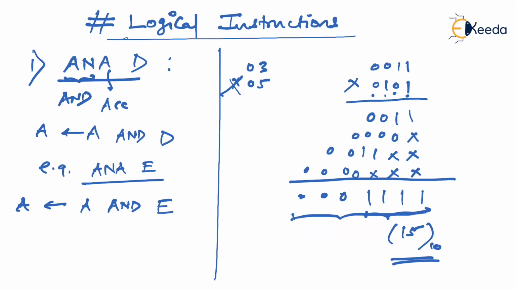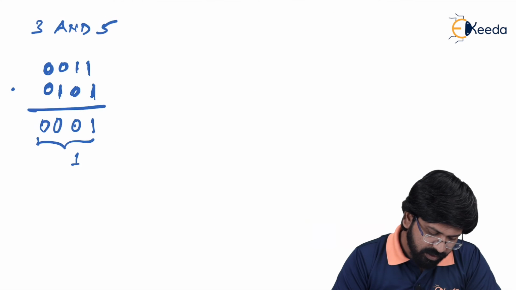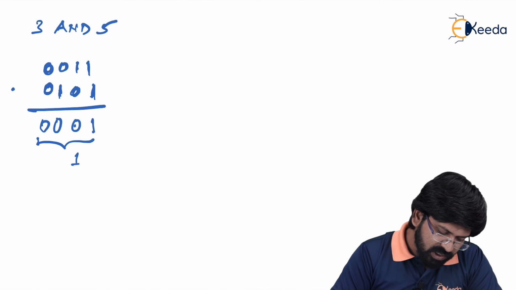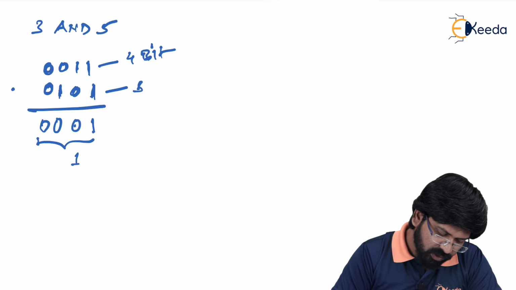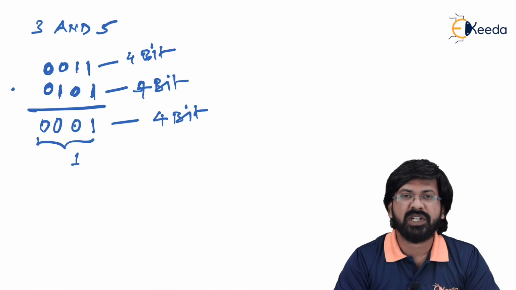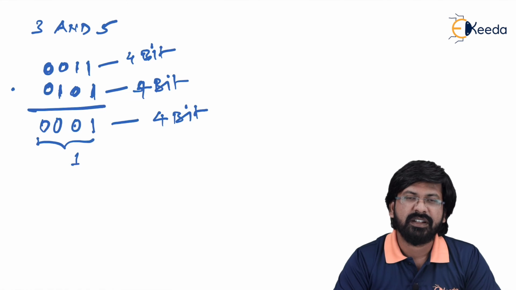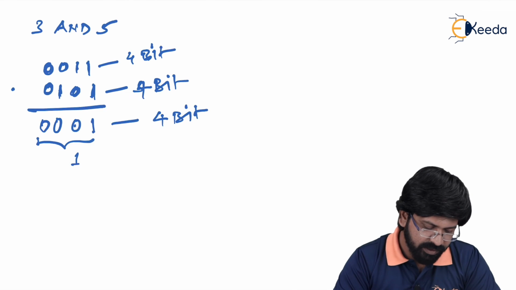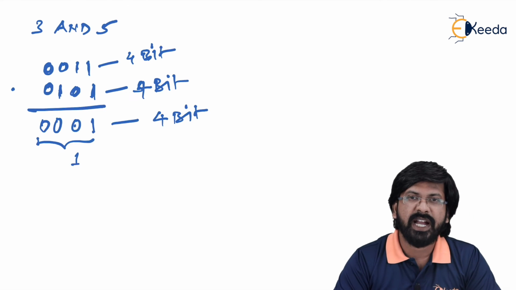Extended in terms of size, I am saying. Here the size of 3 was 4 bit, the size of 5 was also 4 bit, and the result that you see is also 4 bit. Is that right? So there is no question of getting extra bits after you do AND operation, right? So this is the difference between AND operation and multiplication.